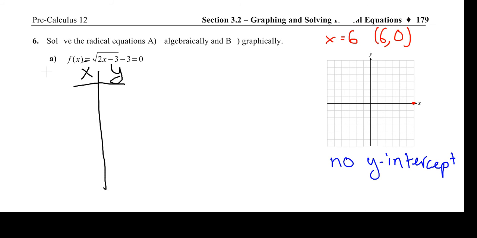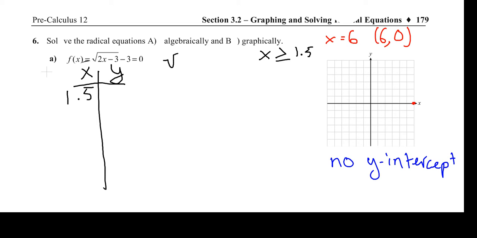This is how I like to do it. Since x has to be greater than or equal to 1.5 or 3 over 2, a smart value to start off with is x is 1.5. Now we want to plug 1.5 in for x.